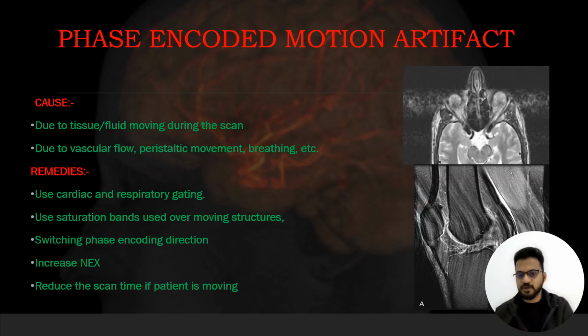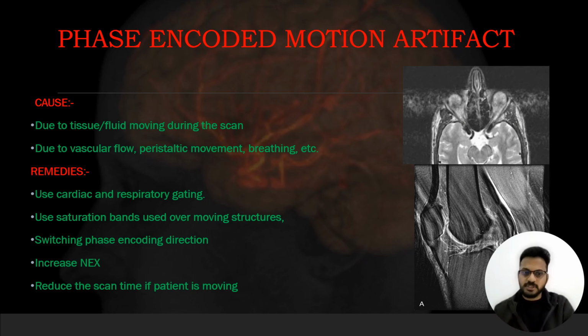Next, phase encoded motion artifact. This may be due to patient movement or involuntary movements like pulsation, peristaltic movement and breathing. These may all be reasons for phase encoded motion artifact, and it is caused by tissue or fluid moving during the scan.